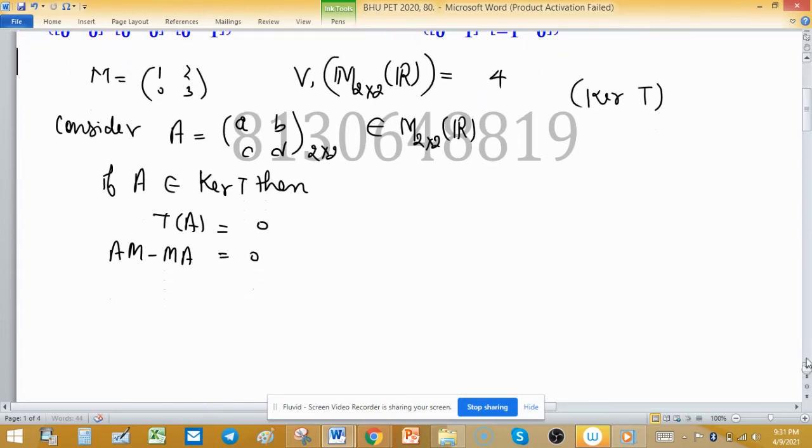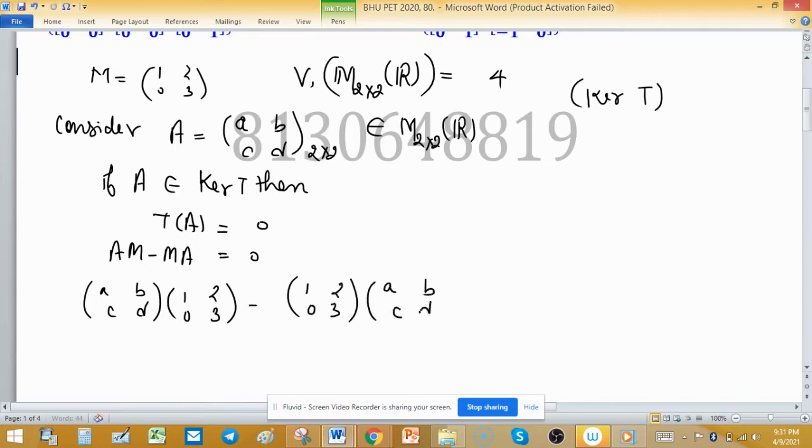Now consider A multiplied with M. A is a, b, c, d, and matrix M is 1 0 2 3, minus 1 2 0 3 times a, b, c, d, is equal to the 0 matrix of the correct size, 2 by 2.